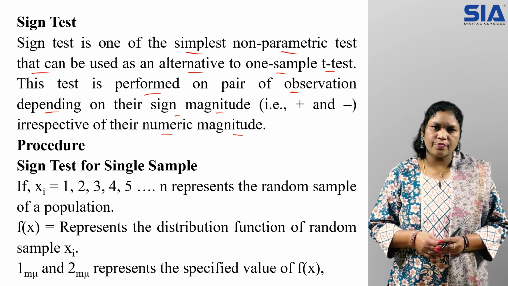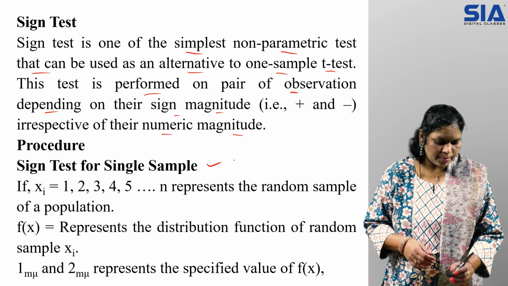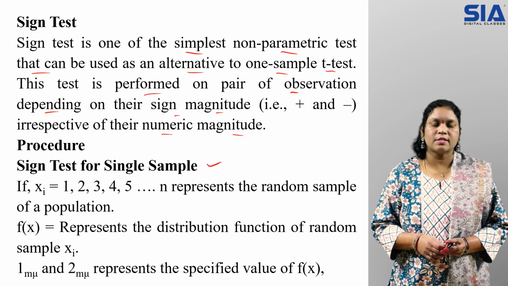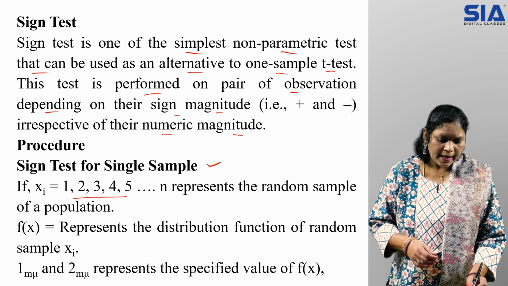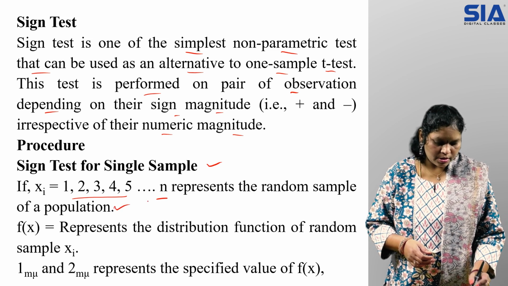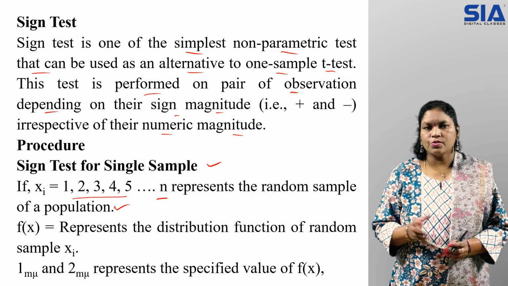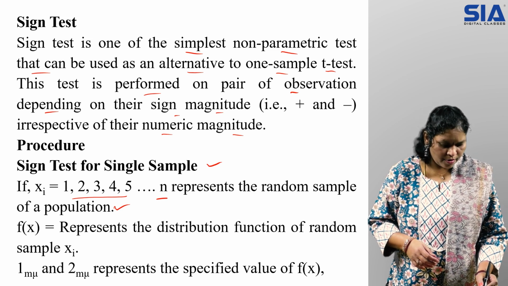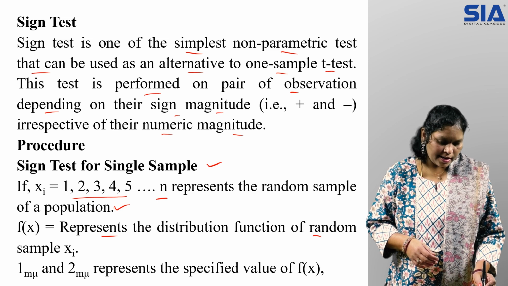Now what is the procedure to obtain our sign test? The procedure, sign test for a single sample, let us discuss in this session. Suppose xi, with i equal to 1 up to n, represents a random sample of a population. Next, f of x represents the distribution function of the random sample xi.